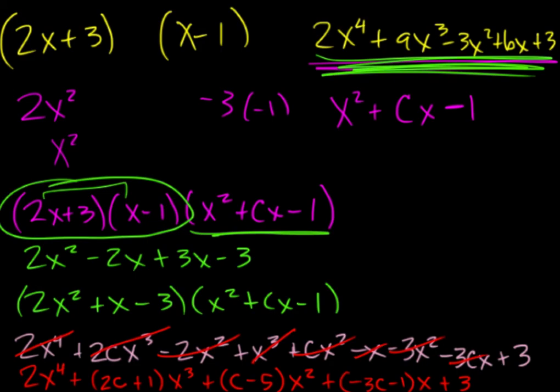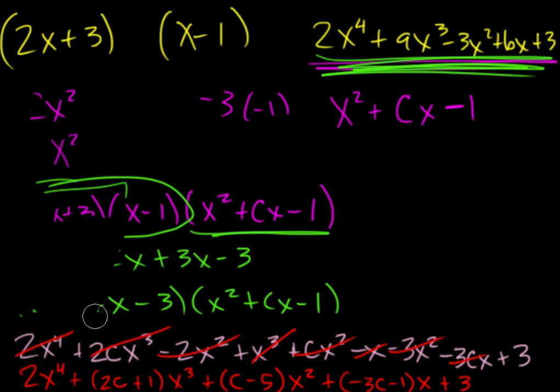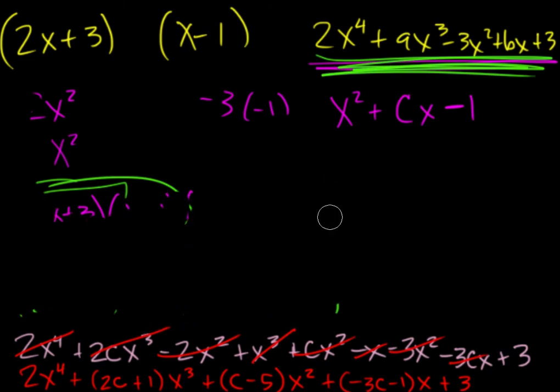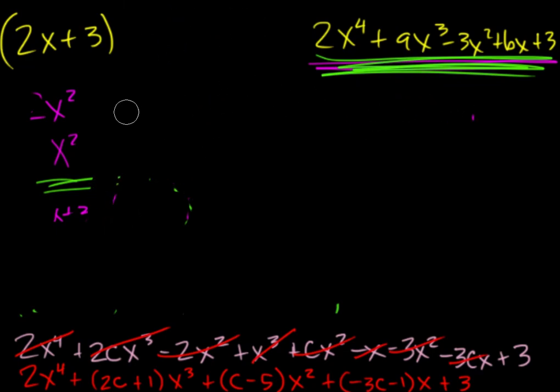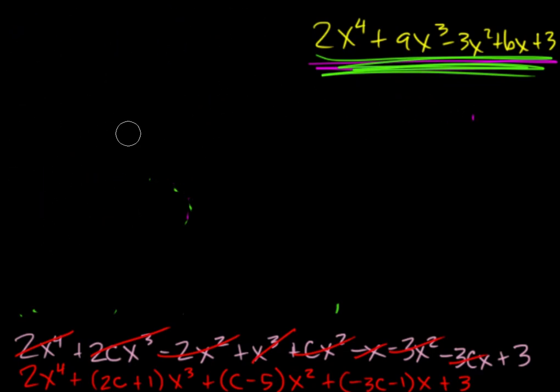Okay, so now we need to set up equations comparing this. Let me get rid of what we don't need. Okay, we see 2x to the 4th, 2x to the 4th. That doesn't really help us. But then with the x cubed, we can write a is equal to 2c plus 1.